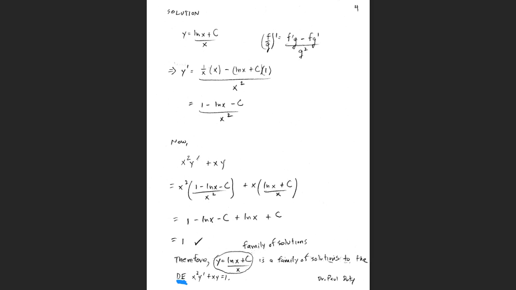That's an abbreviation, DE. That's right, differential equation. That's right, Tosh. Okay, and so that's our general solution.